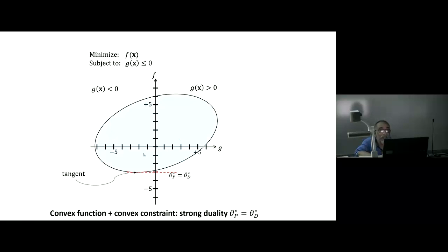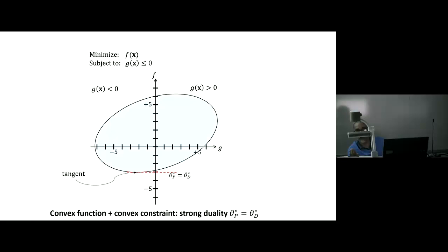Slater's condition is satisfied because you have at least one x naught which is strictly feasible. You have this region, right? You take any point in this second quadrant, actually on the left half plane, and you would always get a valid x.